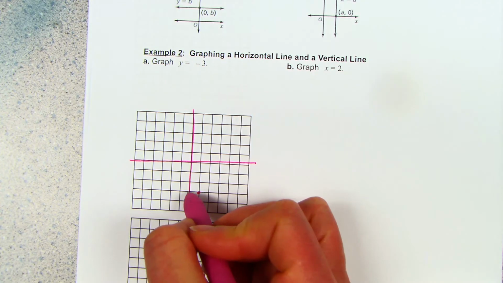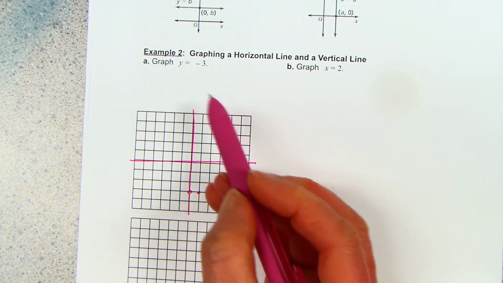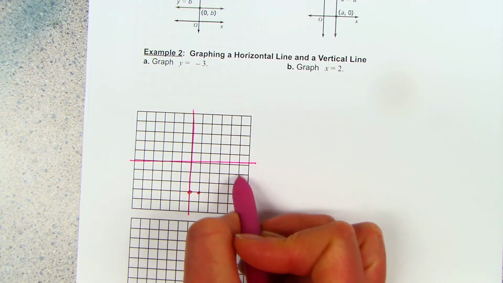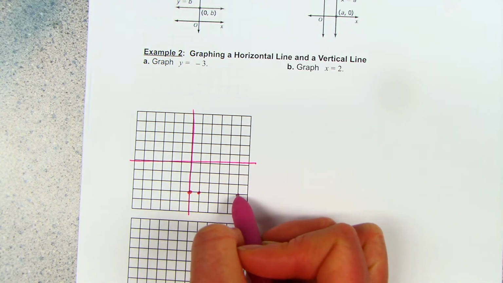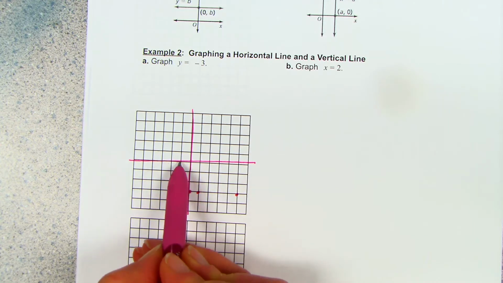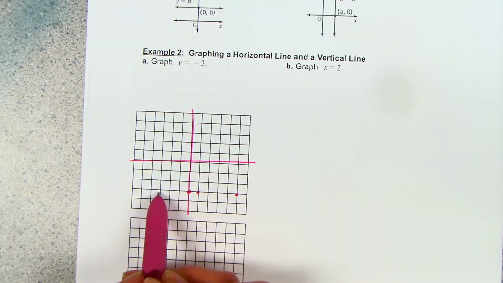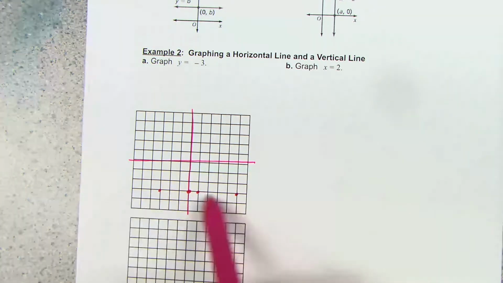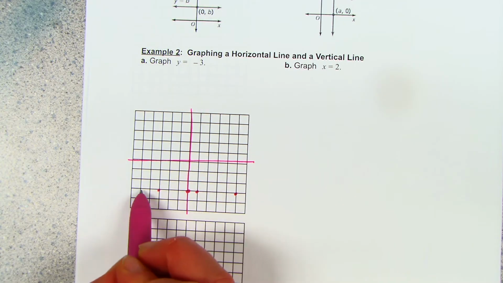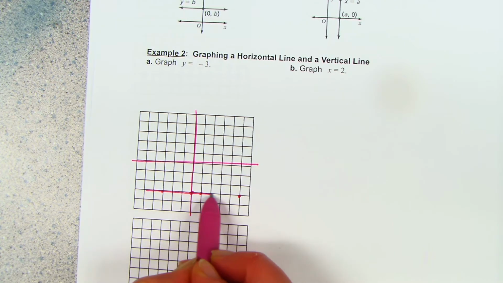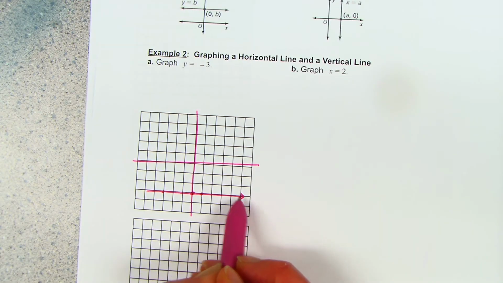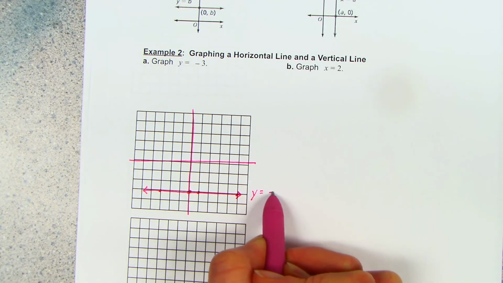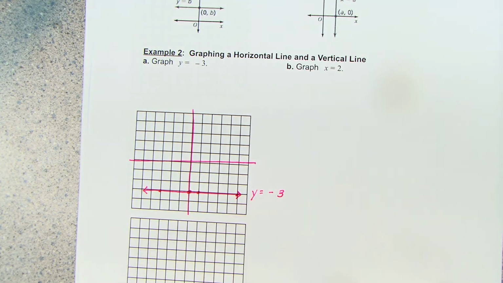Then y would still be -3. What about if my x is 1, 2, 3, 4, 5? Oh, wait a minute, y is still -3. What if x is negative? What if x is -1, -2, -3? Oh, it's still -3. y is always -3. So it's a horizontal line through there. Okay, that's y equal to -3, no matter what the x is.